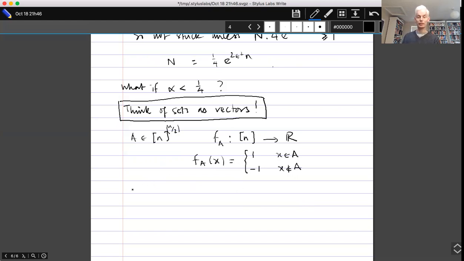Now one nice thing about this is that we can relate A intersect B to the inner product of f_A and f_B. So let's just have a look.